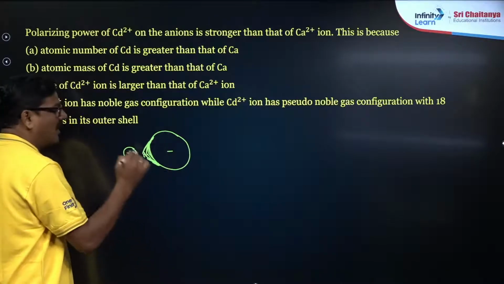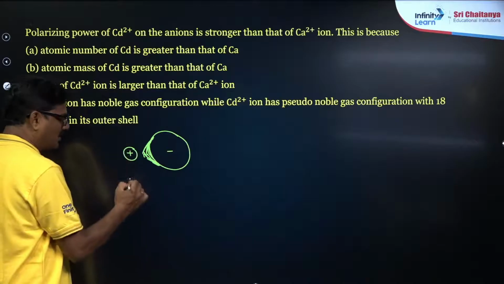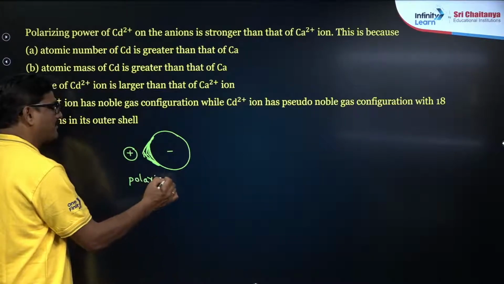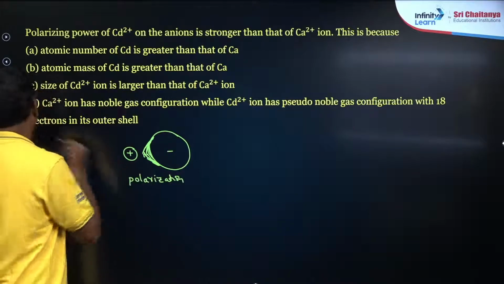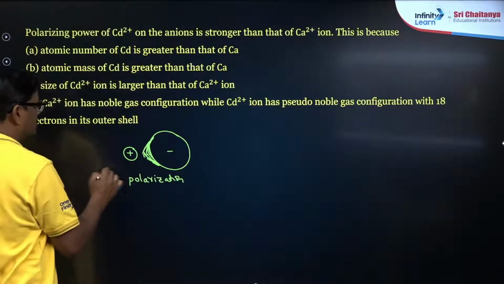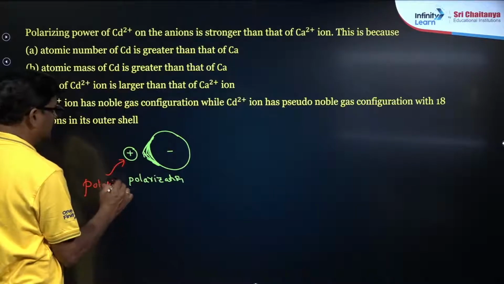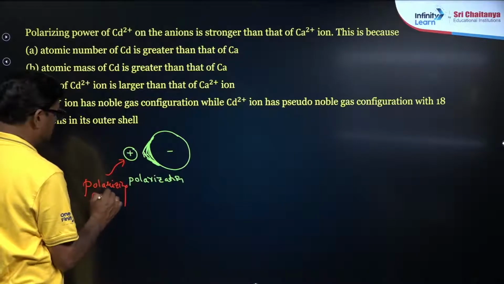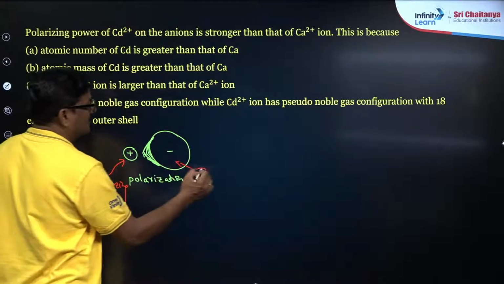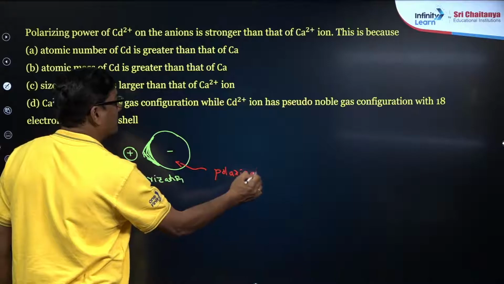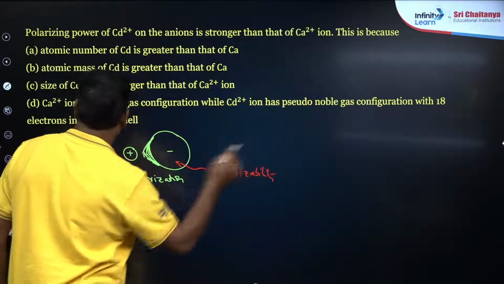Deformation of an anion by a cation is known as polarization. In polarization, the cation has the polarizing power and the anion has the polarizability.